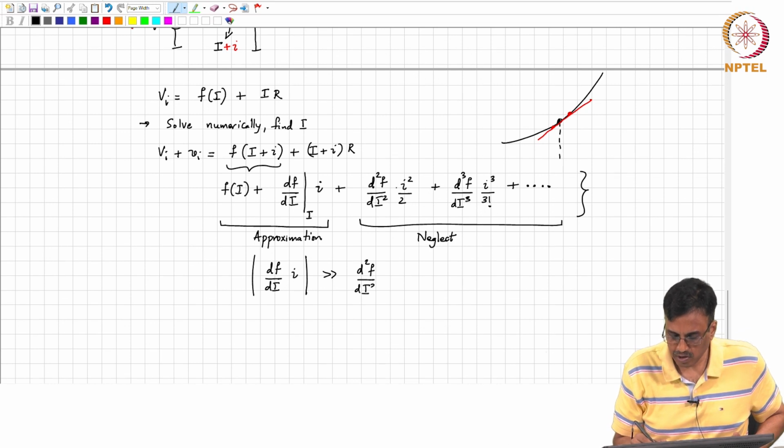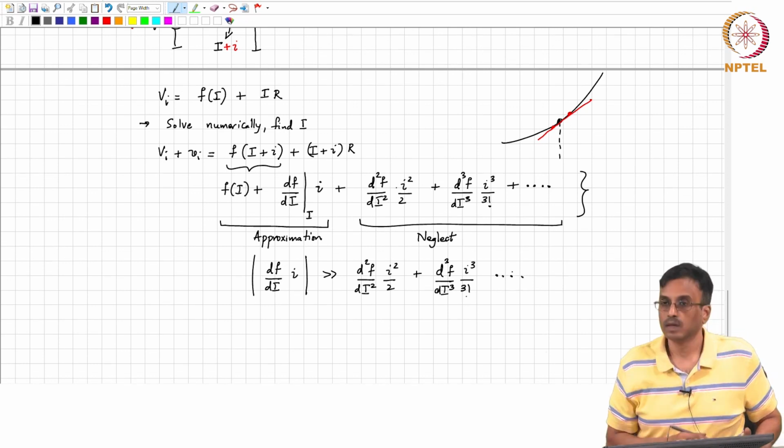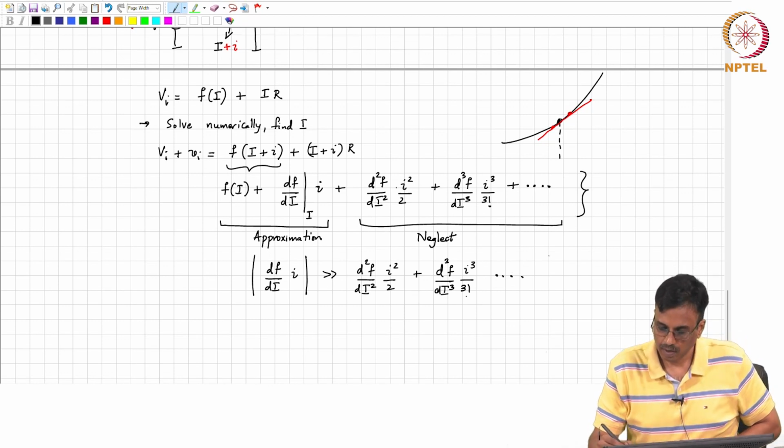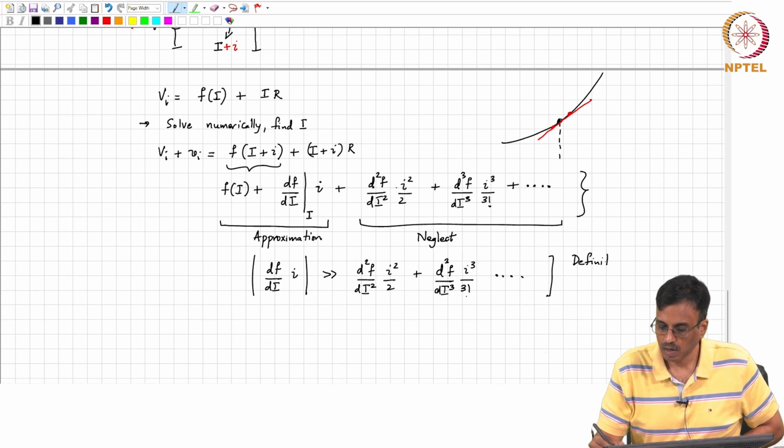This is the true definition of what it means for a signal to be considered small.